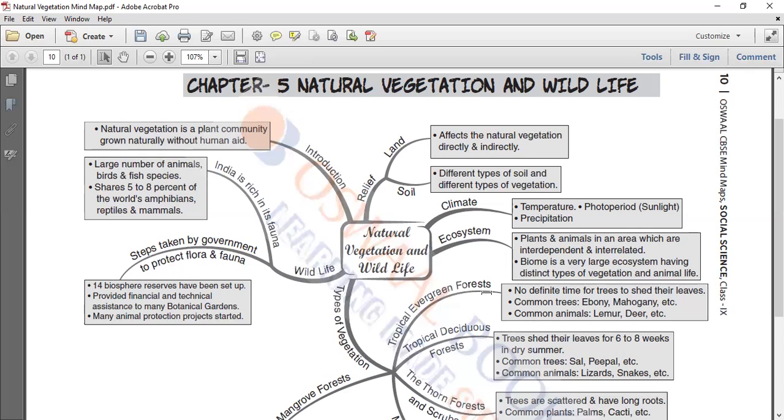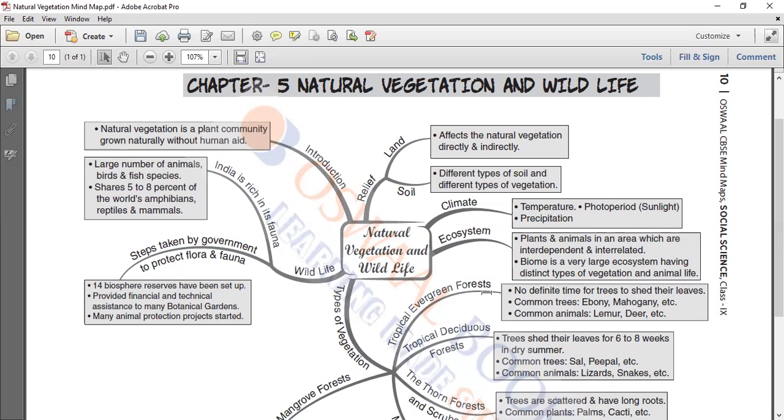Because of the greedy hunters who hunt these animals for profit, the pollution due to chemical and industrial waste that gives acid deposits, the reckless cutting of trees for habitation purposes, etc. All this is causing an imbalance to our ecosystem. And so the government had to step in and take some steps to protect the flora and fauna.